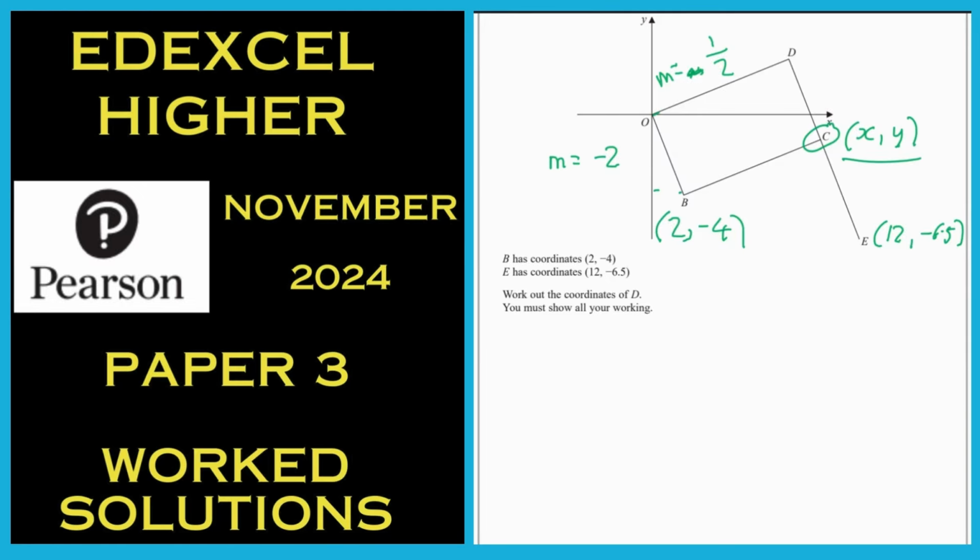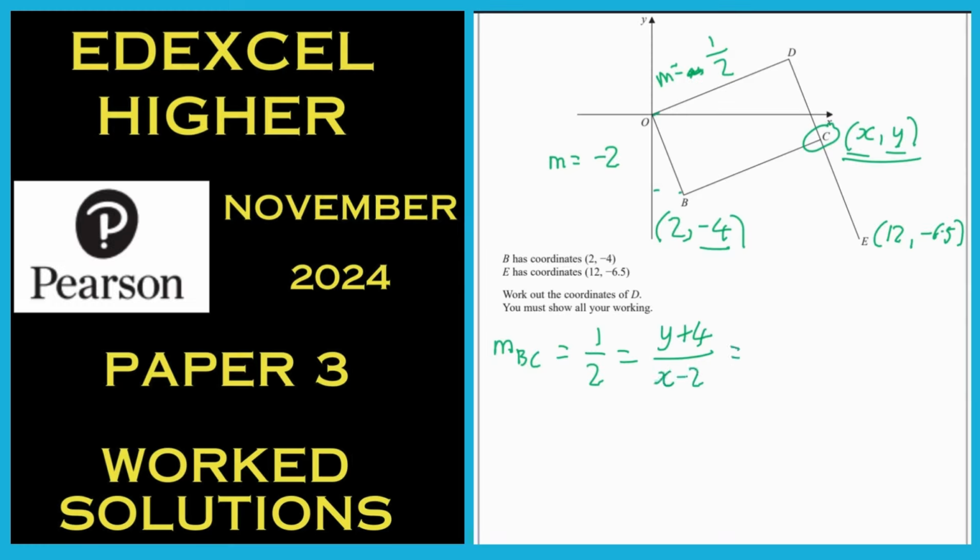So let's do it. The equation is simply using the formula for gradient. Let's say we can make the statement that the gradient of BC, which we know is positive a half, is given by doing change in y's, y minus 4, over change in x's, x minus 2.